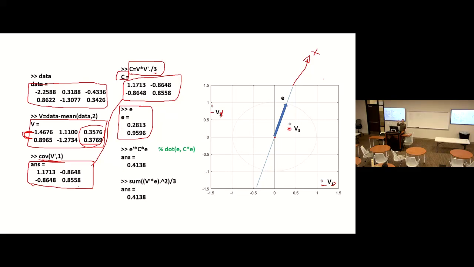That means the data points have been rotated in that direction. The original x-axis is here. Now use that. So that means all the data points, V1, V2, V3, have been rotated this way. Okay.